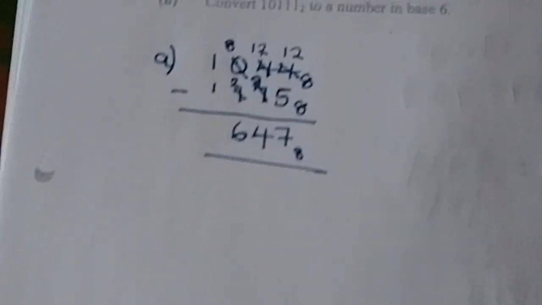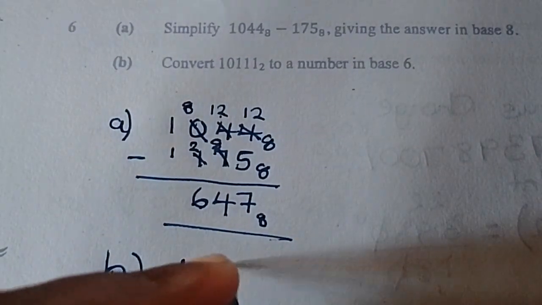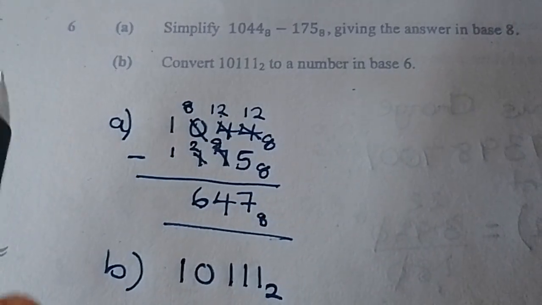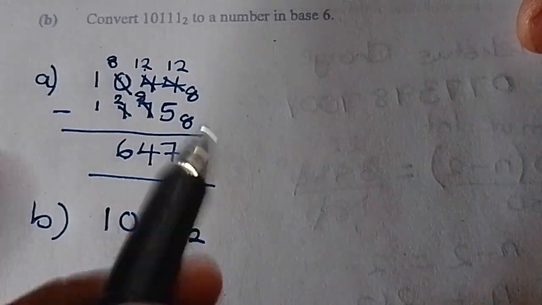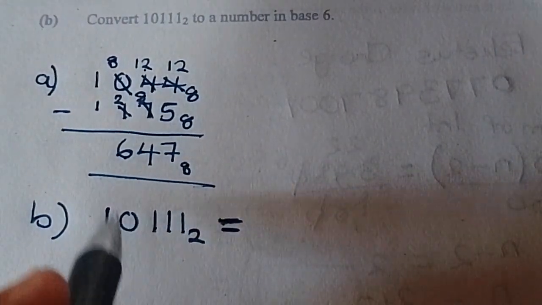Then the B part, convert 10111 base 2 to a number in base 6. To convert this to a number in base 6, we first convert this to base 10. To convert to base 10, we expand in powers of the base.